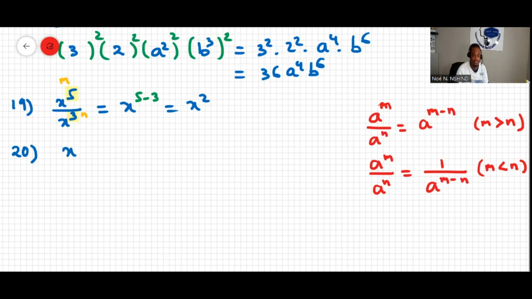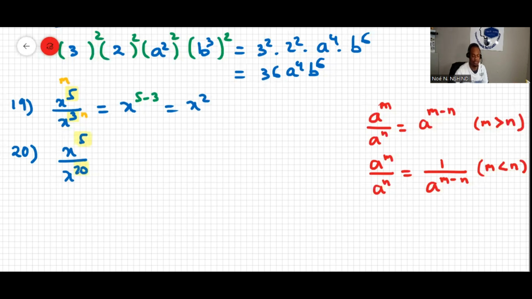Okay, but now let's look at question 20. Over here we have x to the power of 5 over x to the power of 20. Now in this case, first of all, the bases are common, so we can apply this law of exponents. And then we're going to look at the exponents. We have 5 and then 20.